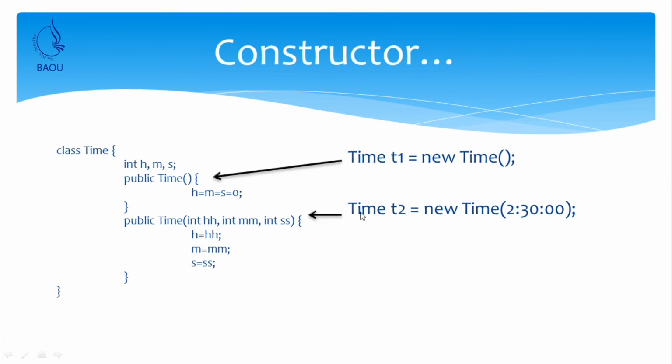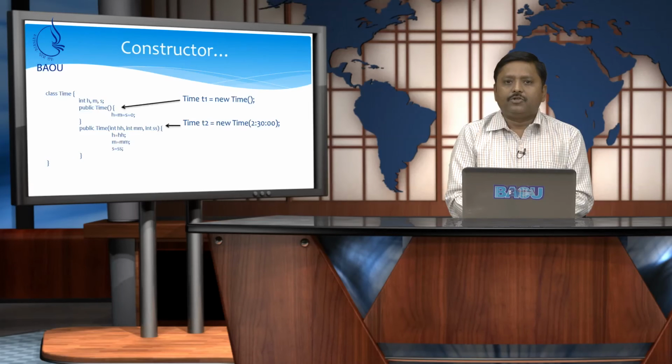So, I can write down Time t2 is equal to new Time, and here instead of colon we have to use comma. So, that is the mistake. So, I can write down 2 comma 30 comma 0. So, it will initialize hour to 2, minutes to 30 and second to 0. So, this is how we can define a constructor.